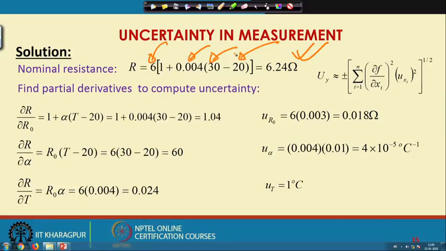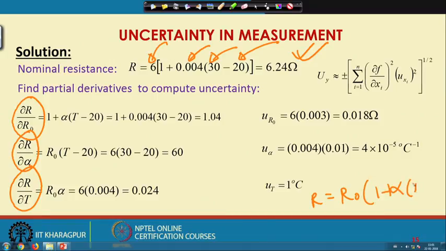Now, I have to find out the partial derivatives, those del f del xi terms. Here x1, x2, x3 are there in the form of R0, alpha and T. So, I compute del R del R0, del R del alpha and del R del T. You have R equal to R0 into 1 plus alpha T minus 20.